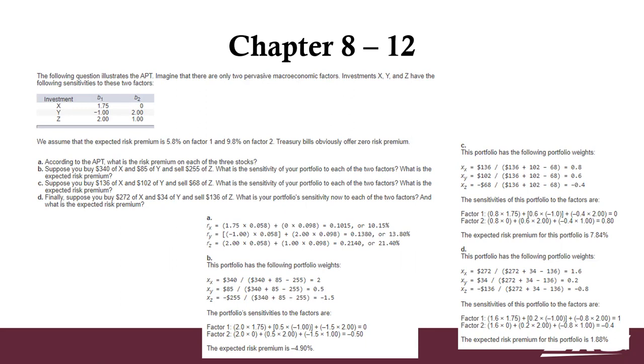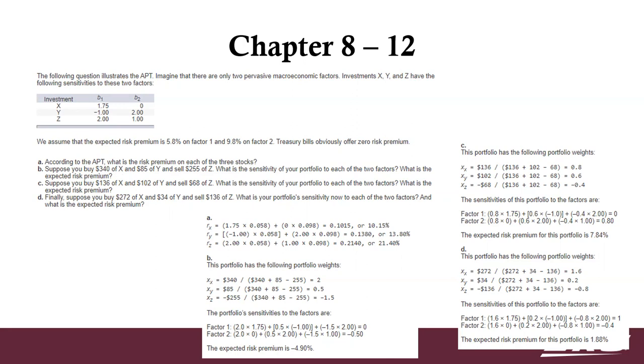For B, suppose you're going to buy 340 of X, 85 of Y, and you're going to sell 255 of Z. So we're buying that, we're selling that. So positive, positive, negative. And then what is the sensitivity of the portfolio to those factors, compared to what we were doing before?